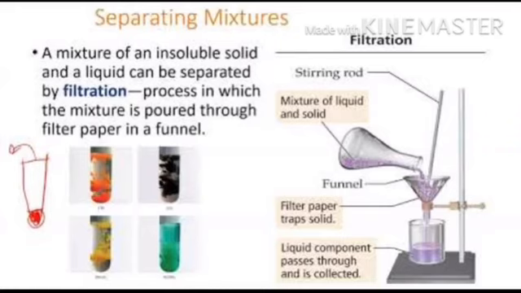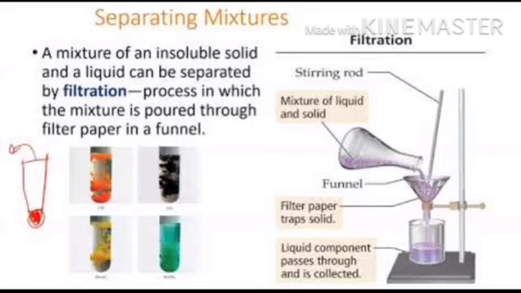Filtering tea by using a strainer is also an example of filtration. Here the tea leaves are retained by the strainer. The tea strainers cannot be used for filtering turbid water. The tea leaves are slightly bigger particles, so with the help of a strainer we filter the tea leaves.